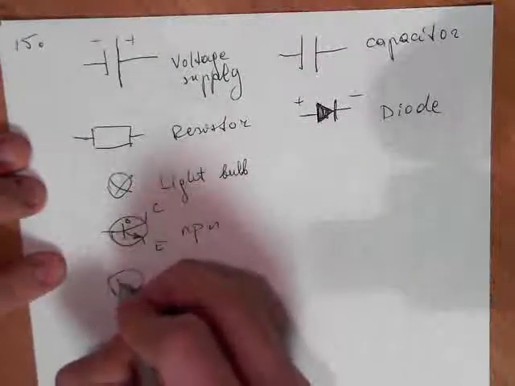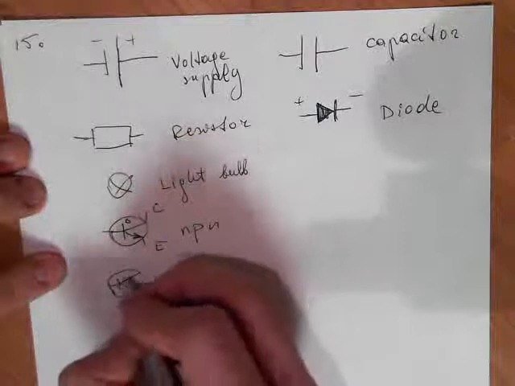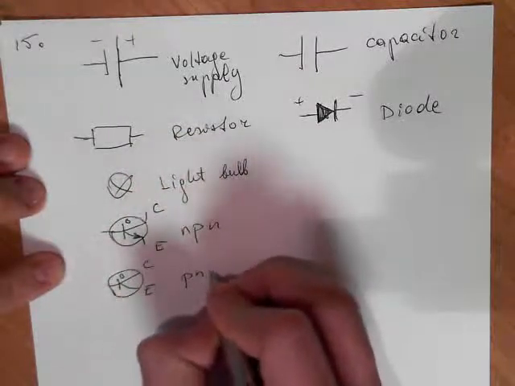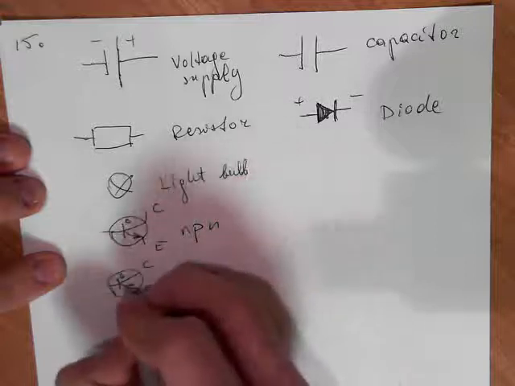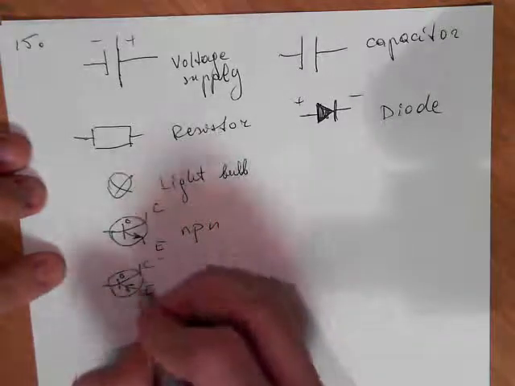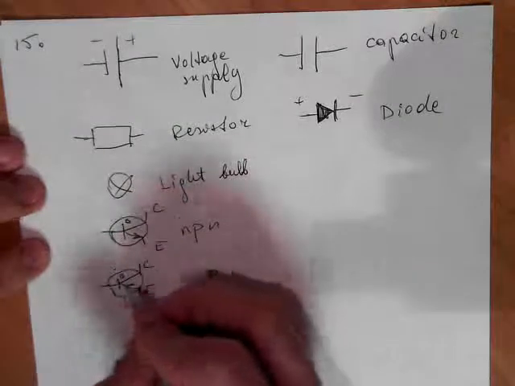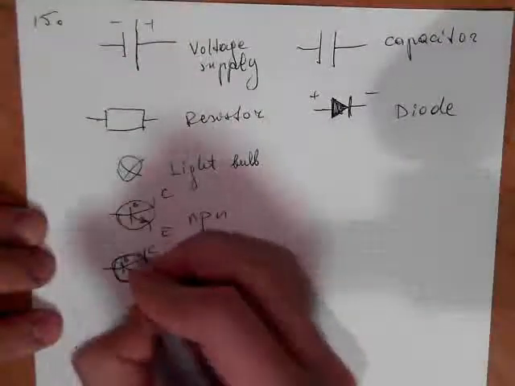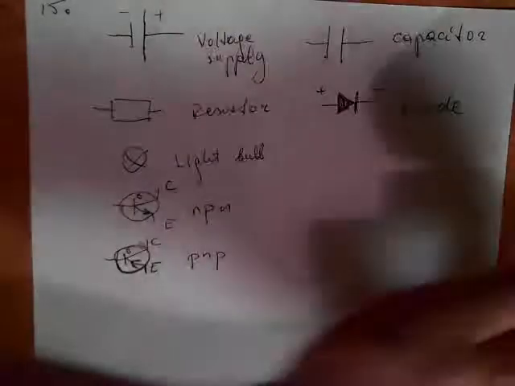For a PNP transistor, the arrow goes in the opposite direction. These are the symbols. Maybe not very nice, but you understand. So now number 16.